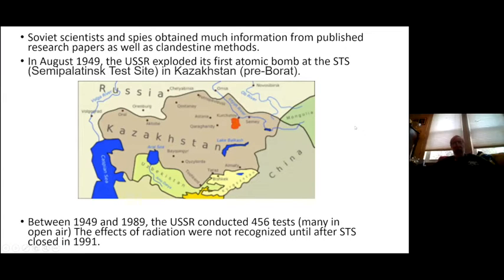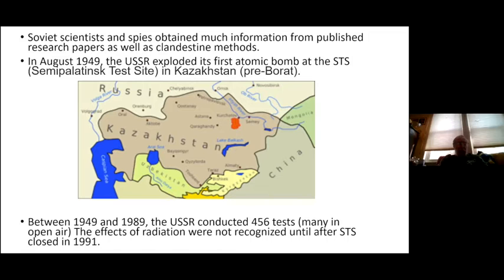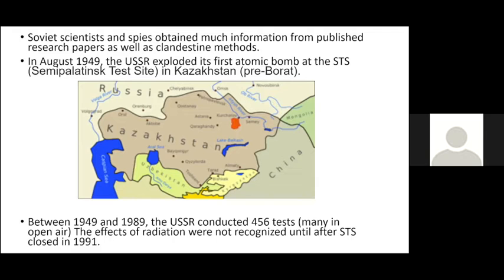Soviet scientists and spies obtained much information from published research papers as well as clandestine methods. In 1949, the USSR exploded its first atomic bomb at the STS Semipalatinsk test site in Kazakhstan. This is pre-Borat.